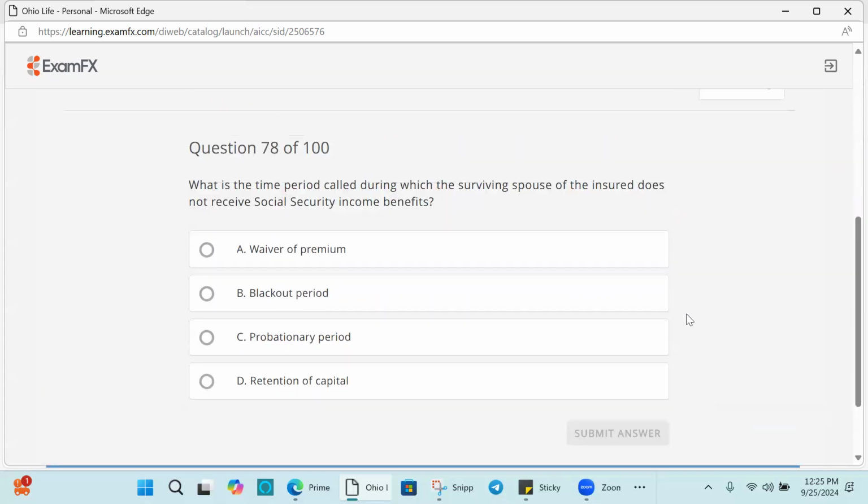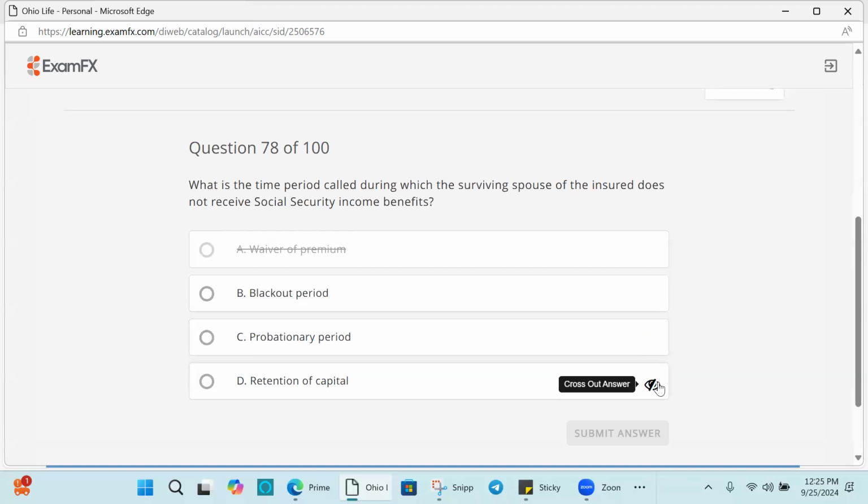What is the time period called during which the surviving spouse of an insured does not receive Social Security income benefits? For premium, probationary period.